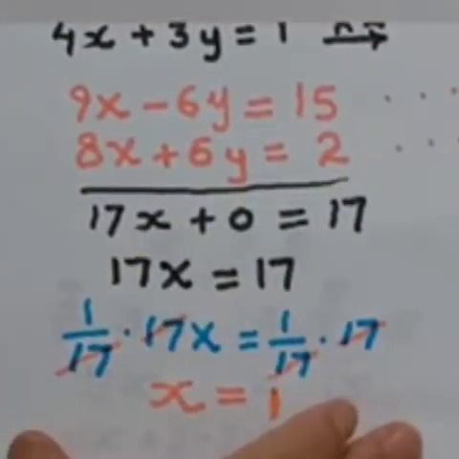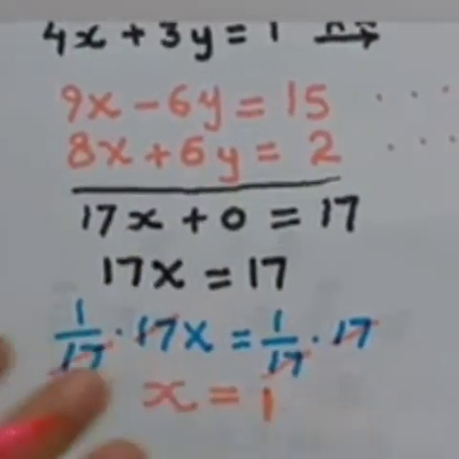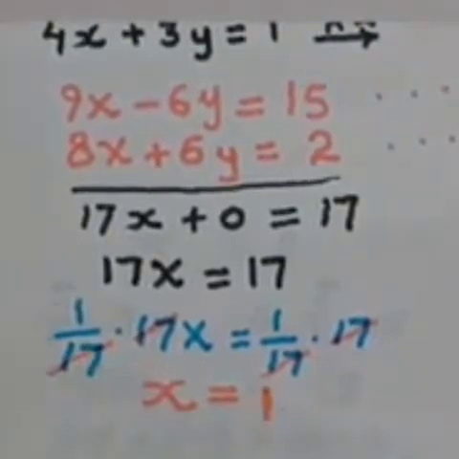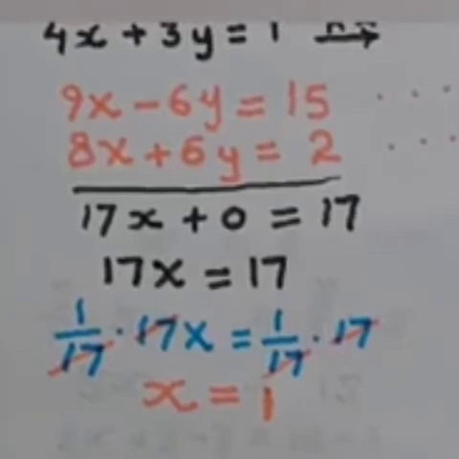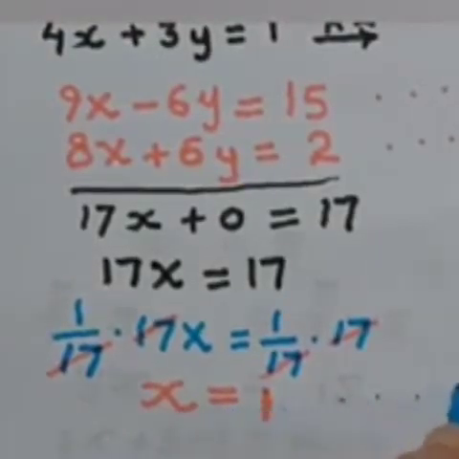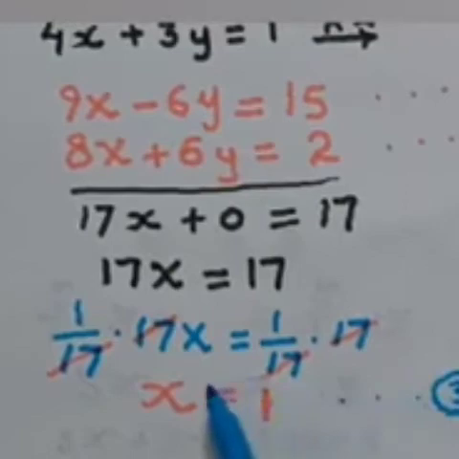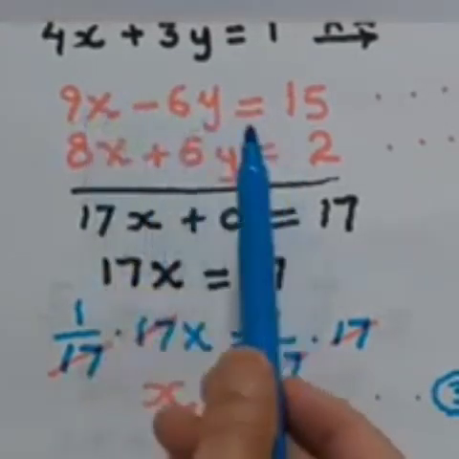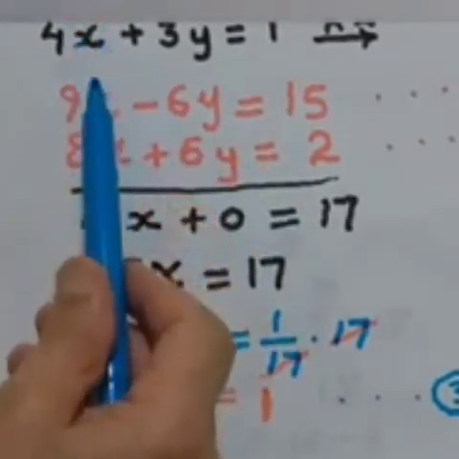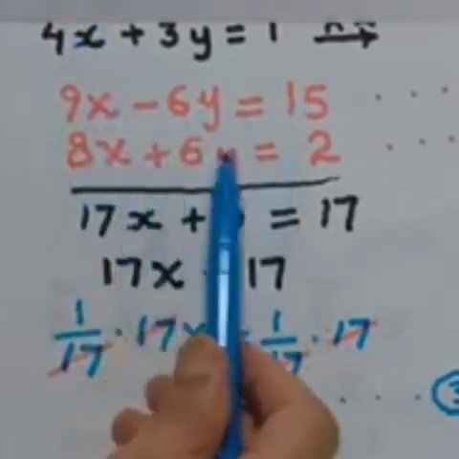That's what we got, which will help me to find the value of y. This equation, we give it number 3. Now we will make substitution from number 3 in either one of the equations, the original equations or the equations we got after multiplying.